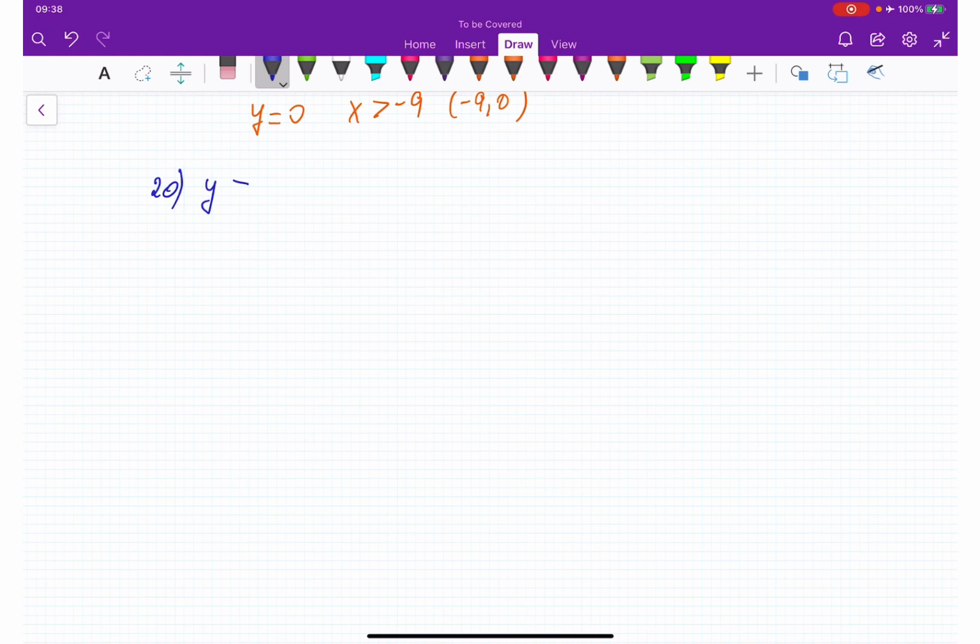Y is greater equal x squared minus 25 and x minus y greater equal negative 5. Okay, we have here quadratic inequality. Let's see how we're going to work with this.